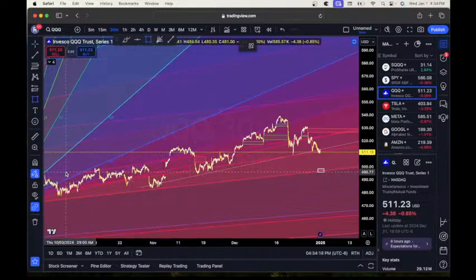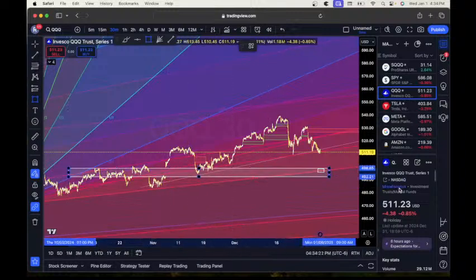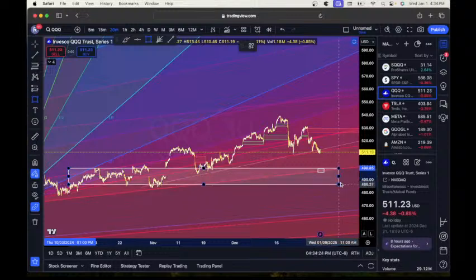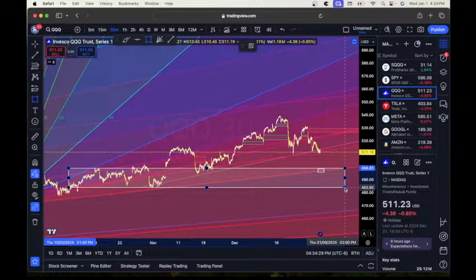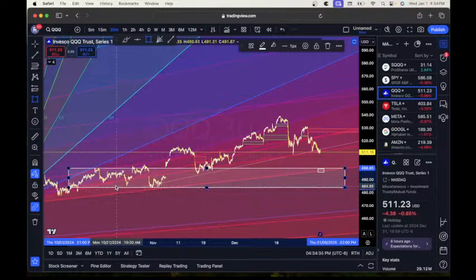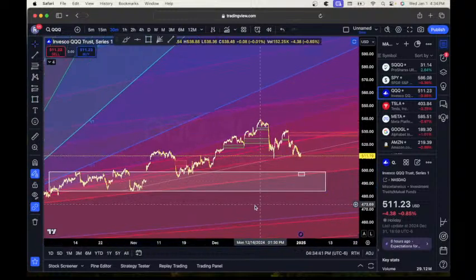So I like a level. I hate to do it like that, but that's just the safest way to do it. Because I got a retest here, and it's lightly holding on this trend right here. But I got that.